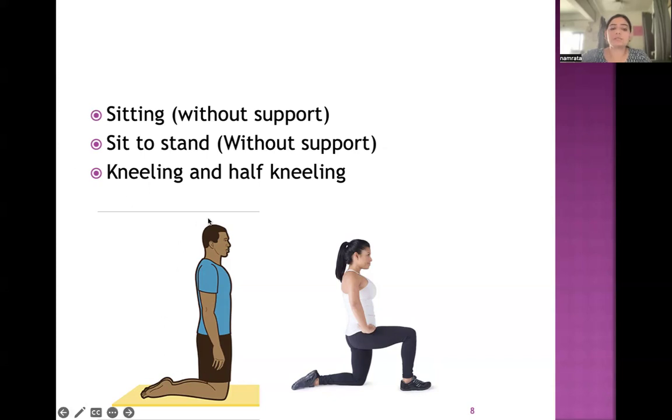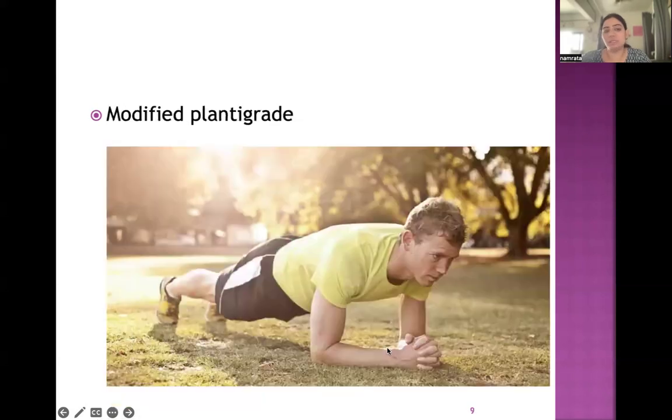Then kneeling position. The patient has to maintain this kneeling position for a longer duration. Then half kneeling, in which one leg is in the 90-90 position, hip 90 and knee 90, and the other extremity is in the kneeling position. This position is known as half kneeling. Then this is the modified plantigrade position, or we can also call it a plank.